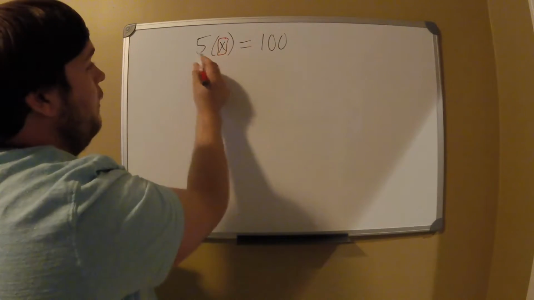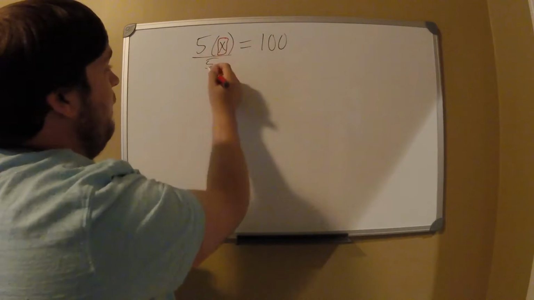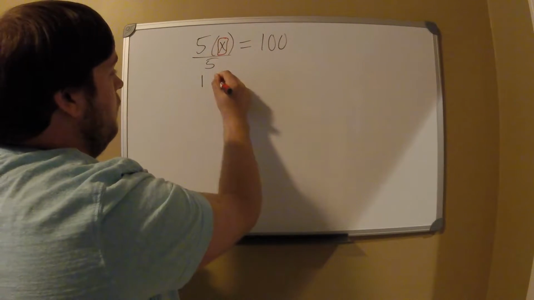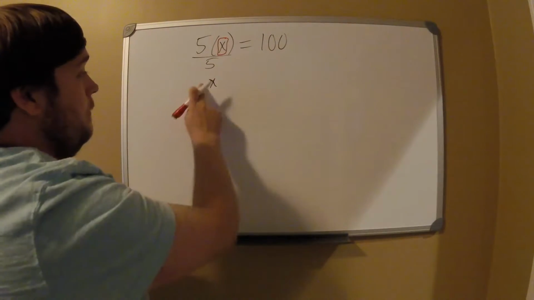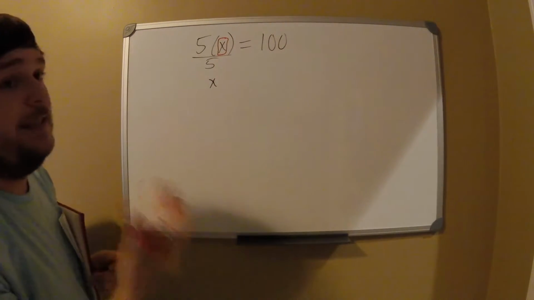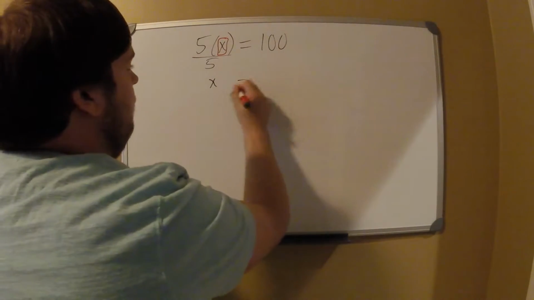The only thing that we can do is divide by 5. Because if you divide 5 by 5, you're left with 1, and you're left with 1x, which is the same thing as x, because x times 1 is itself. So you're left with that.